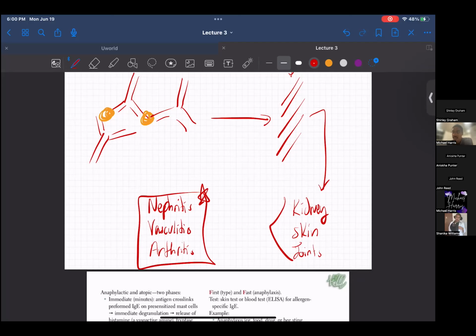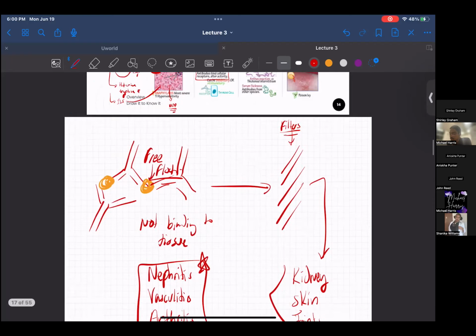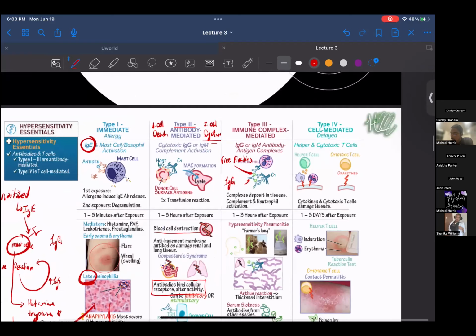And once again, this is not binding to tissue. It's free-floating antigen. I cannot stress that enough. The reason why is because people have a hard time identifying this and this. People have a very easy time identifying this and this.